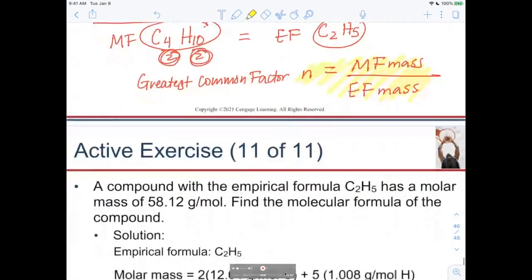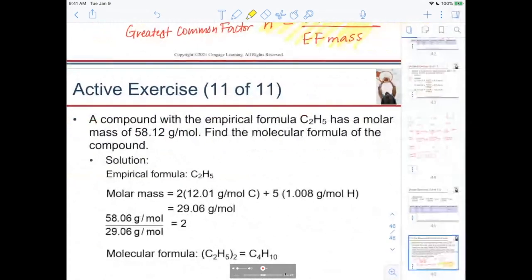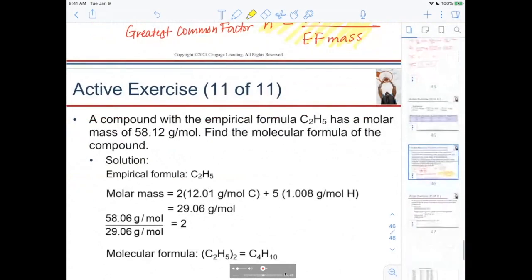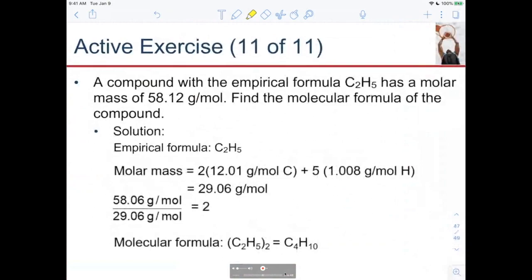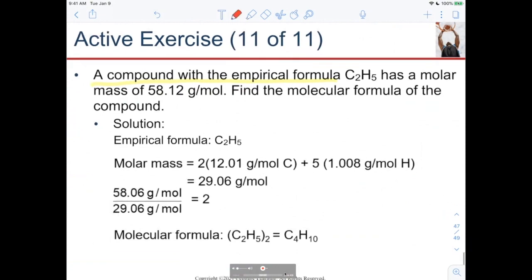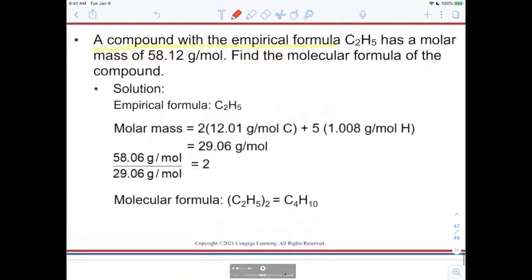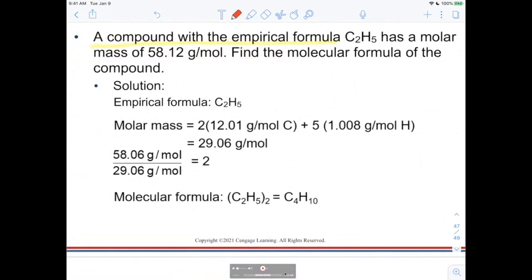That being the case, we're working on this problem here. A compound with the empirical formula C2H5. Look at that. Same one I was working with. So imagine we've done all the work, and we've gotten the empirical formula, EF, as C2H5.